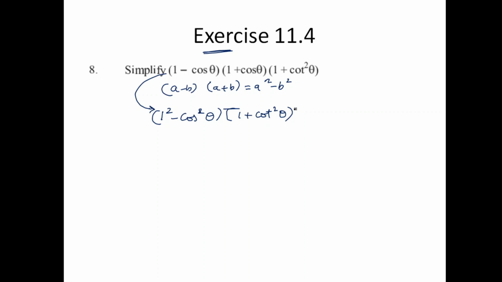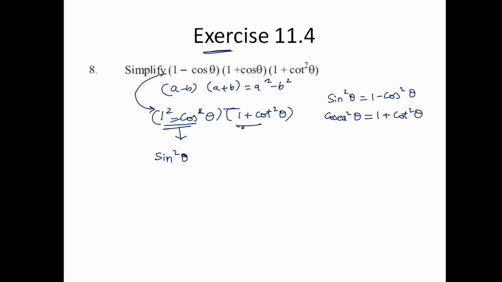So if you remember the two different identities, one identity is your sine square theta can be written as 1 over 1 plus cot square theta. Means over here I can write it directly as sine square theta. And similarly we have one more identity. The identity is that cosec square theta can be written as 1 plus cot square theta.